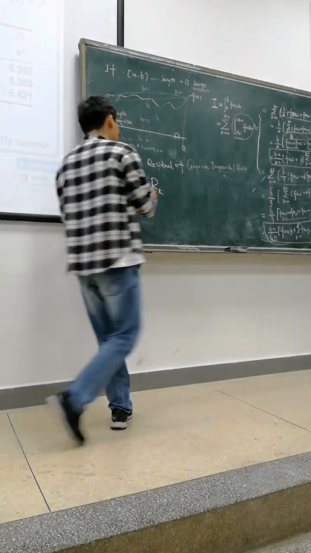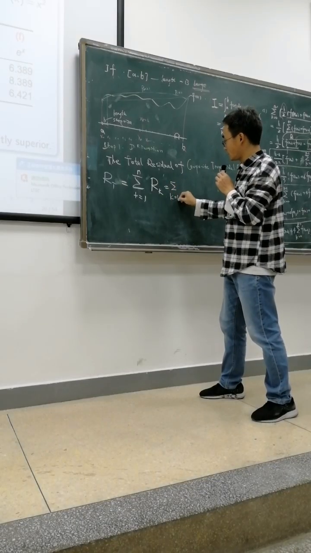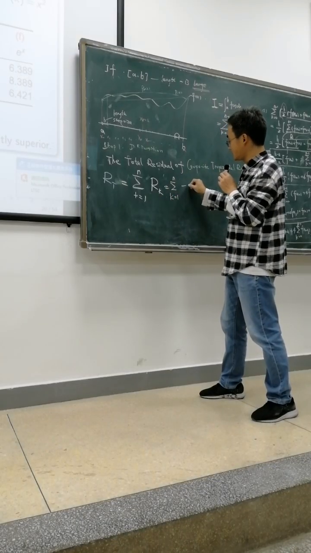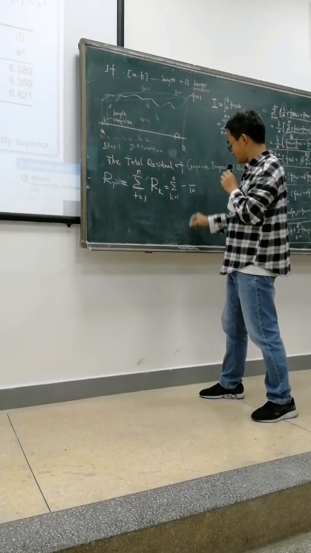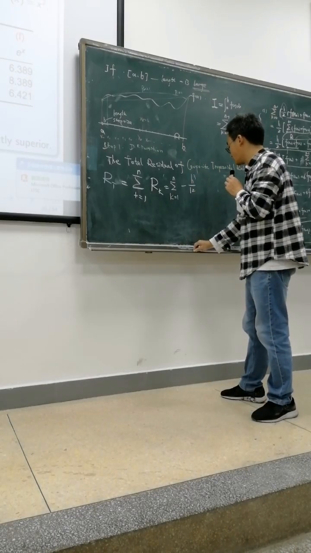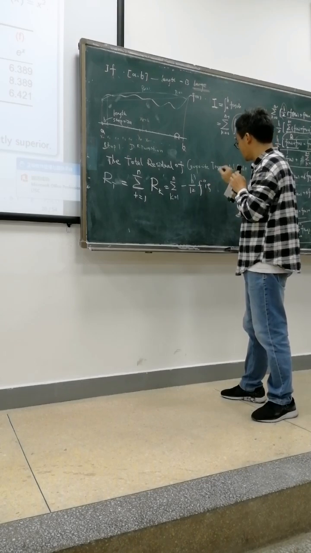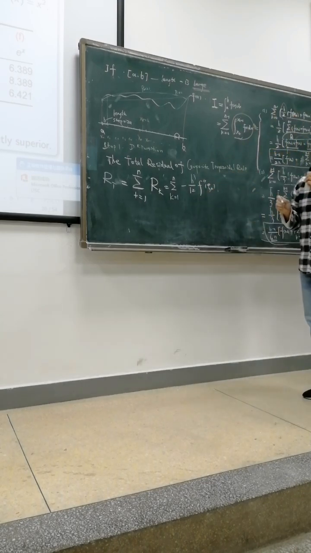So the total remaining should be the summation for k from 1 to n of minus h cubed over 12, f'' of ck, right? Okay.